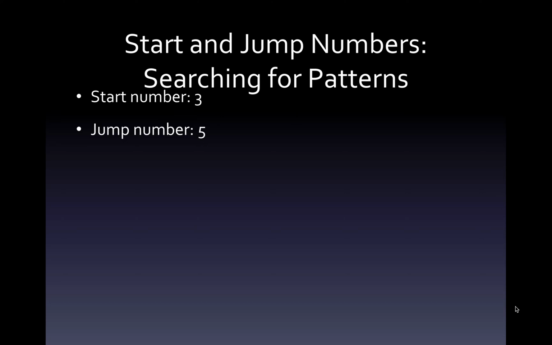So start from number 3, you can jump 5 to the right and land on, yes, 8, right? So you're gonna write down the numbers as a list, 3, 8, then jump 5 more. Where do you land? 13, and jump 5 more, 18. So your number list is like 3, 8, 13, 18, and so on, right? You can also use a 100 chart if you prefer to do so.